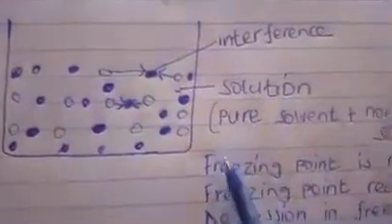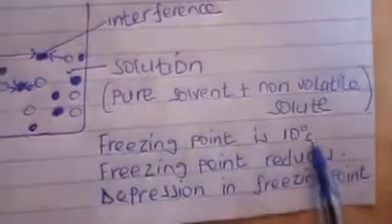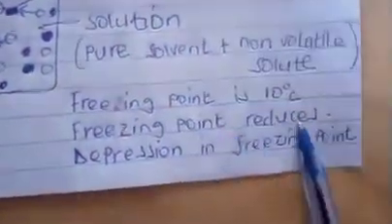So therefore, freezing point is, for instance, 10 degrees Celsius. Freezing point has reduced, therefore freezing point reduces: depression in freezing point.